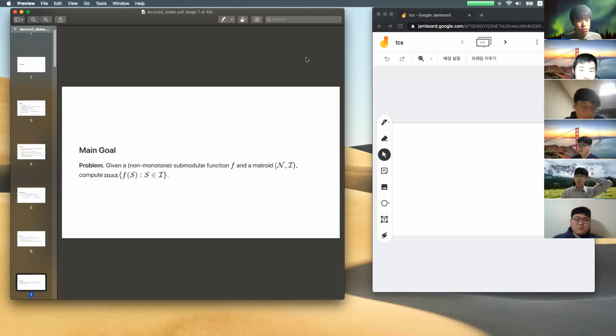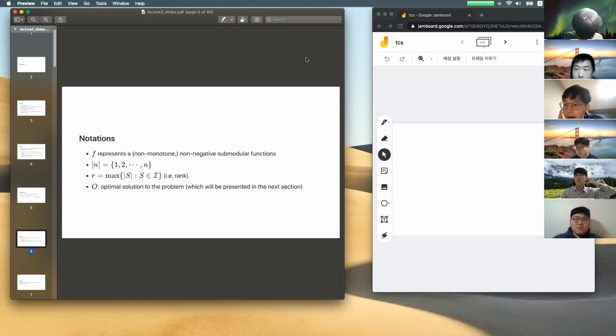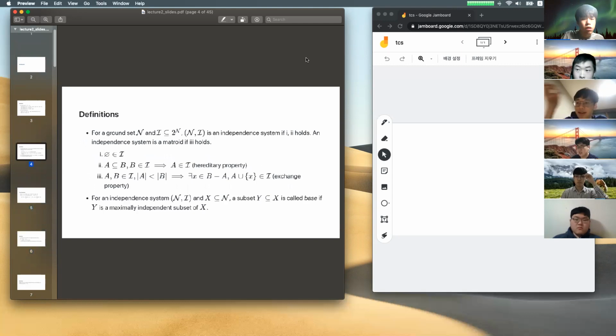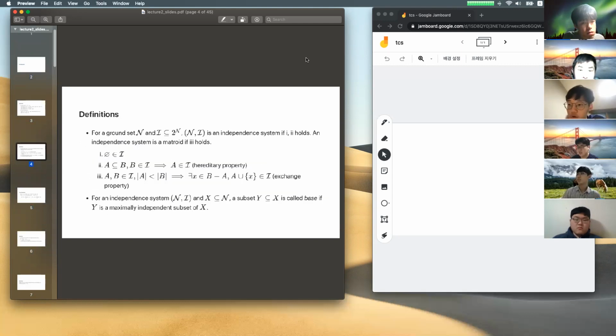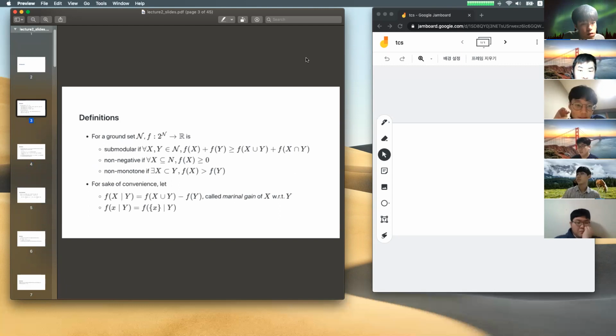So the problem that this paper wants to solve. I have a question. Yeah. So being non-monotone means that you add an element and the value of the function could decrease, right? Yes.